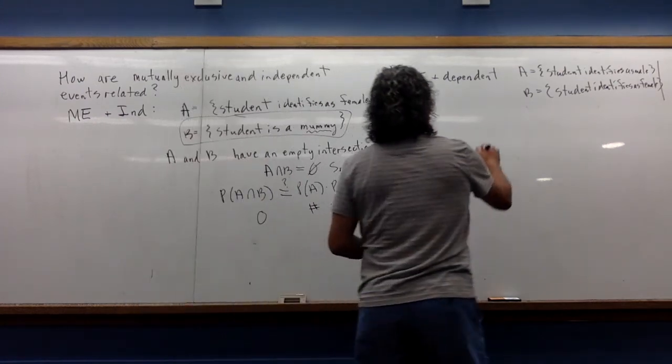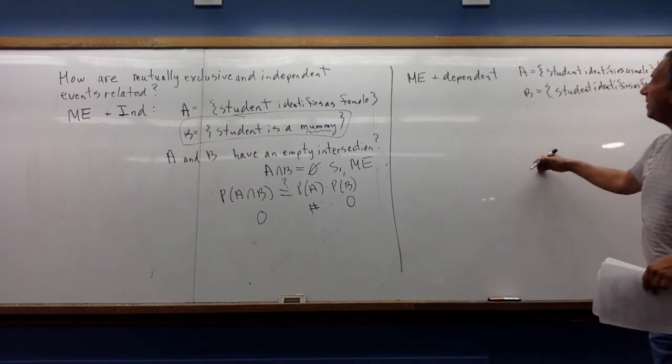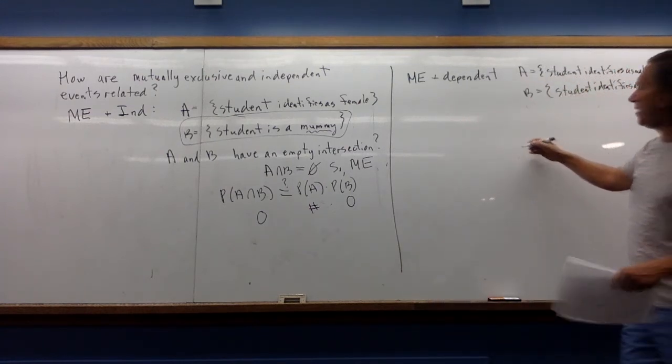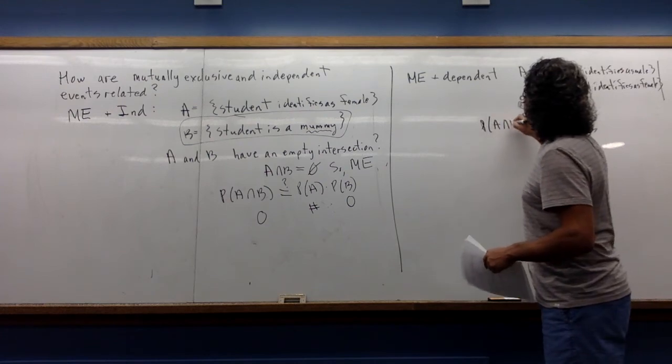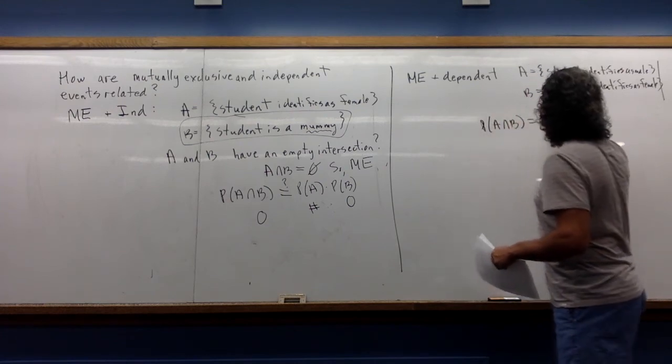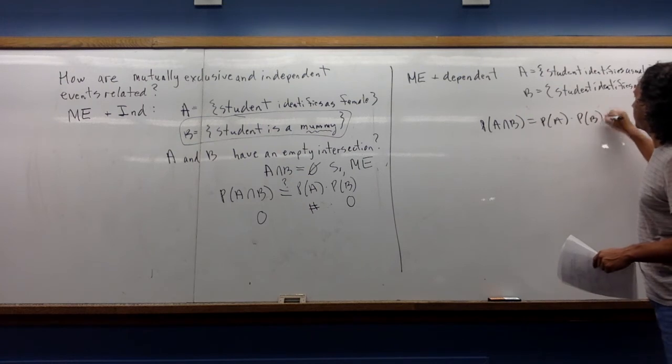Are they dependent or are they independent? Well, is the probability of A and B equal to the probability of A times the probability of B?